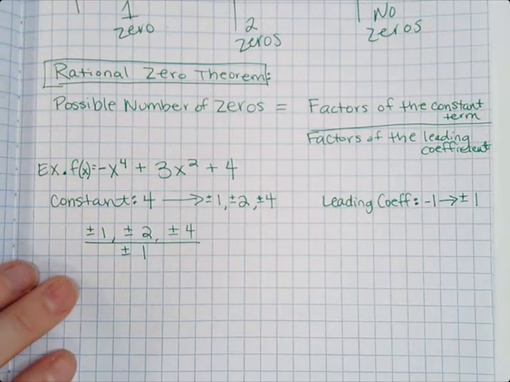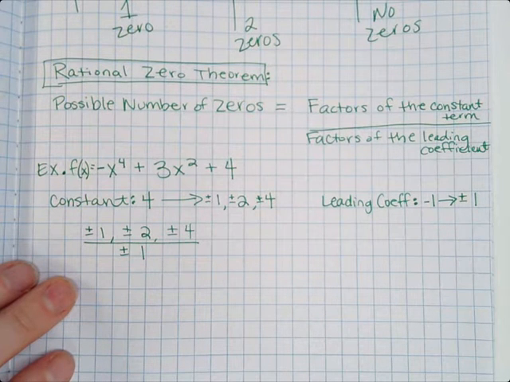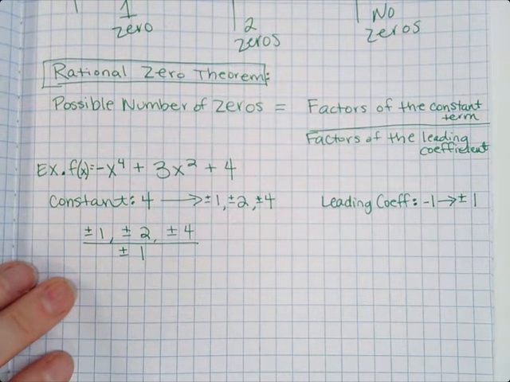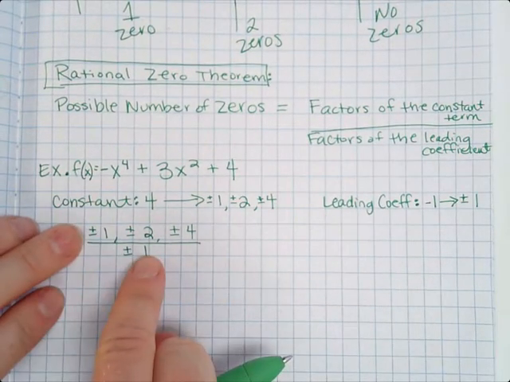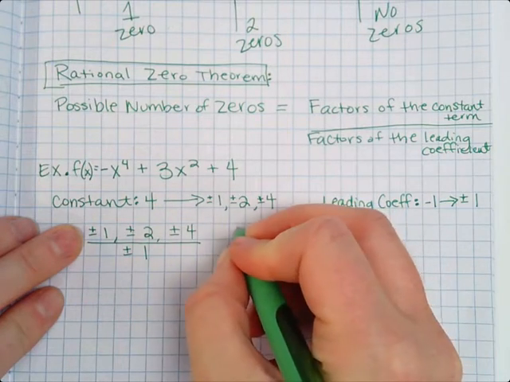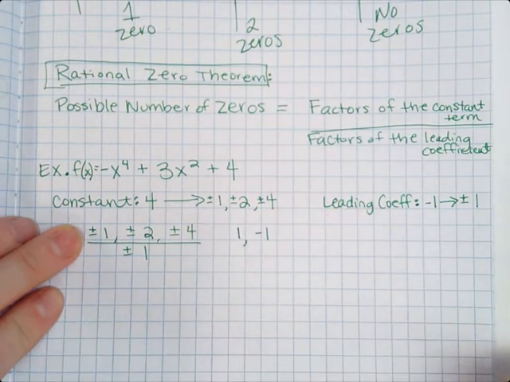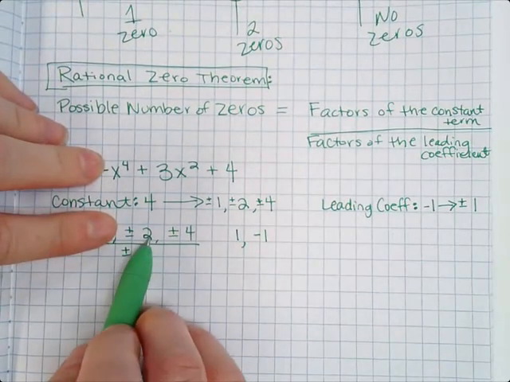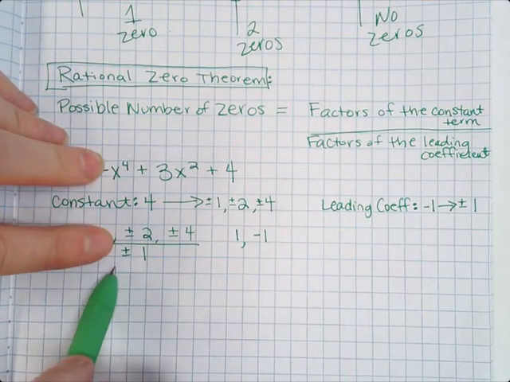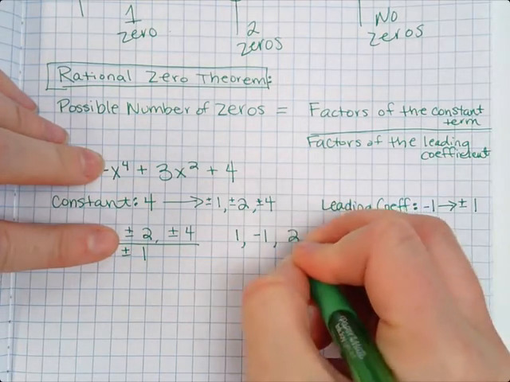And then we'll list them out individually, and that'll tell us how many we have and what they could be. So positive negative 1 over positive negative 1 would be 1 and negative 1. And then positive negative 2 over positive negative 1 would be 2 and negative 2.